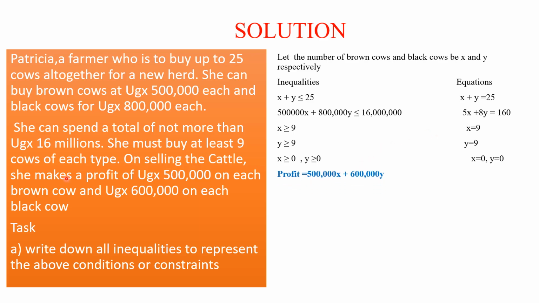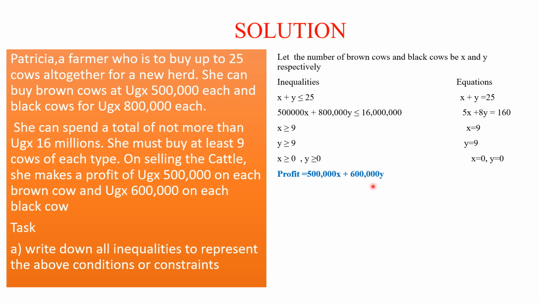And remember, on selling the cattle, she makes a profit of 500,000 shillings on each brown cow and 600,000 shillings on each black cow. So to get the profit, you need to know how many brown cows I must buy and how many black cows I need to buy.